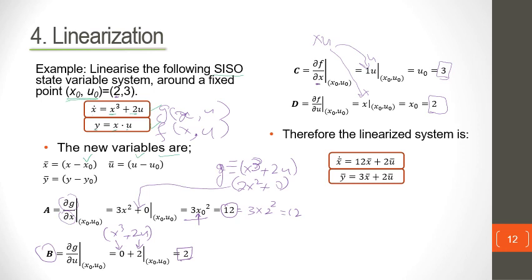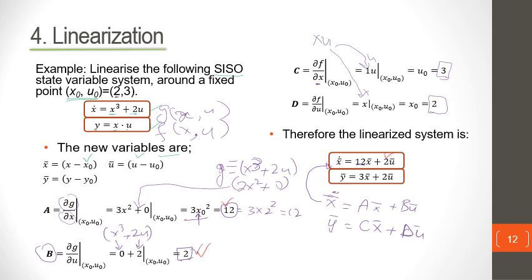Now this means you can rewrite your equation as x dot equal to ax plus bu, and the output y equal to cx plus du. If you substitute here, x is your state variable, your a is 12, and your b is 2, so you substitute 2 there.